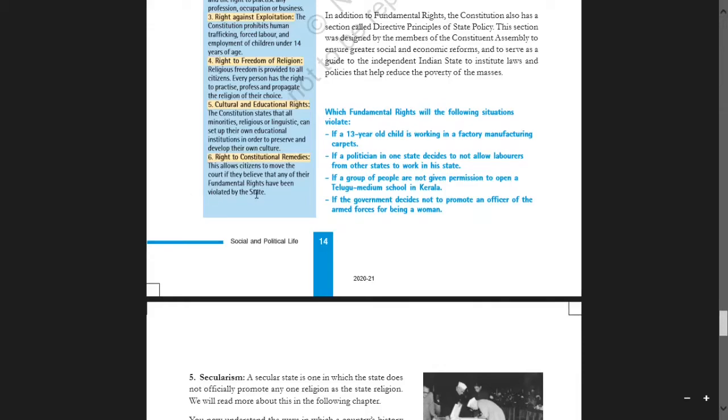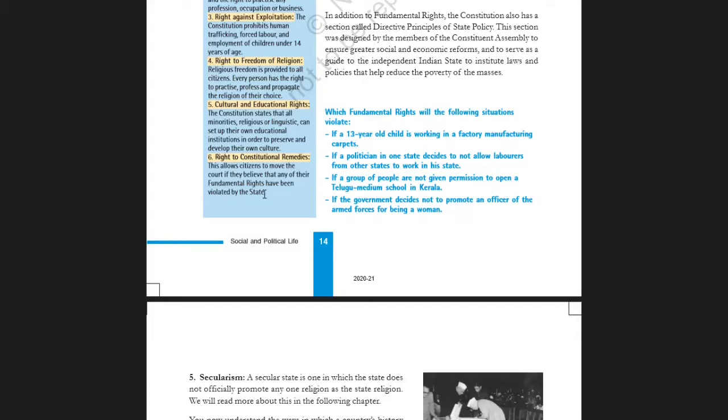So, under the fundamental right to constitutional remedies, a citizen can approach the court if he or she believes that any of his or her fundamental rights have been violated by the state. At that time, one can go for the shelter of the court in order to get that right.